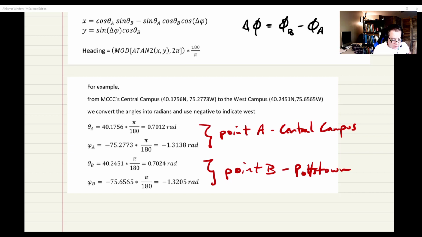And what I'm going to do here is take the point A for the central campus, take each of those angles for the latitude and the longitude. And by the way, the longitude, when it's west, I use a negative there. I take those, I convert them into radians. And do that for the point B for the west campus or Pottstown campus.